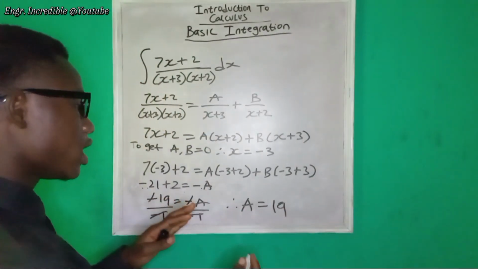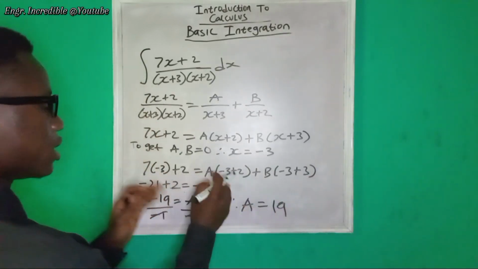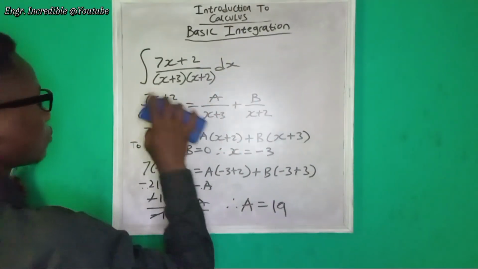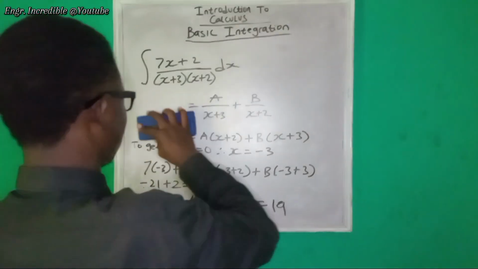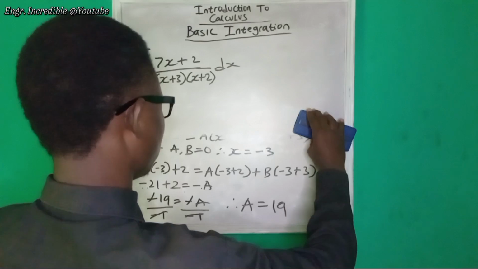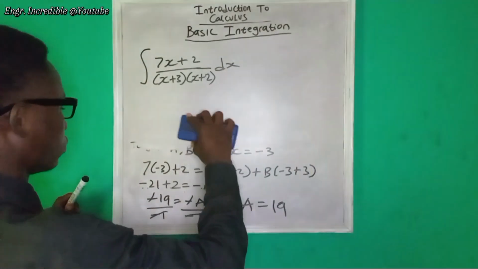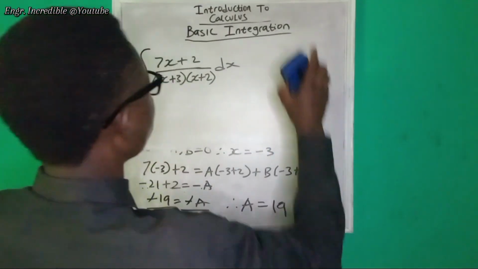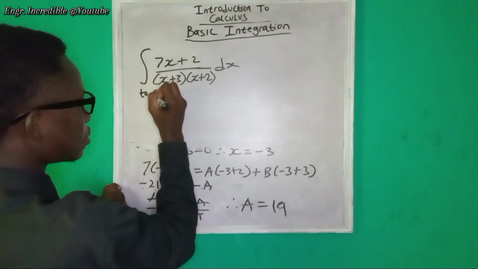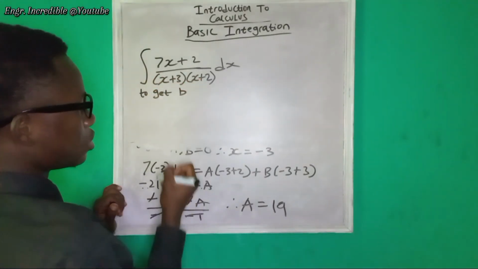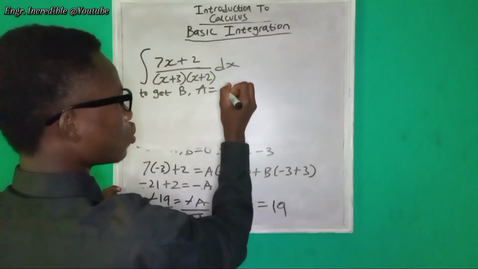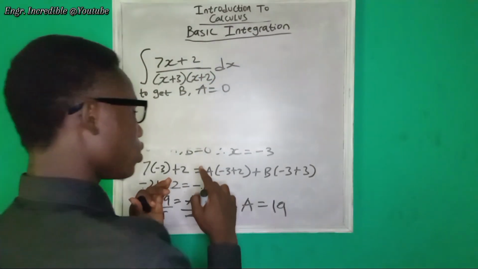So now to get the value of B, we have to make A equal to 0. Let me clear some space. To get B, A will be equal to 0.